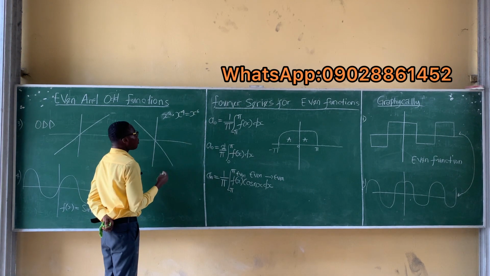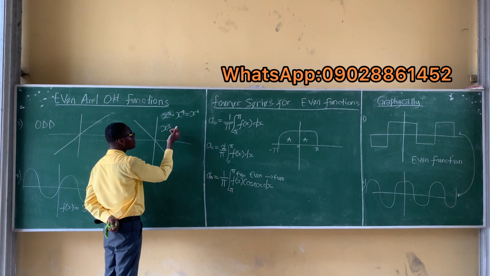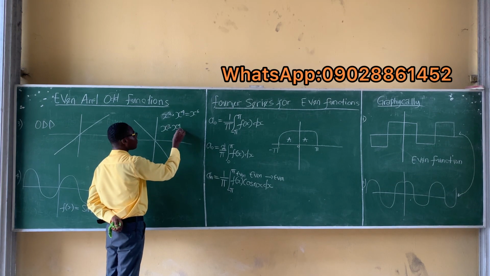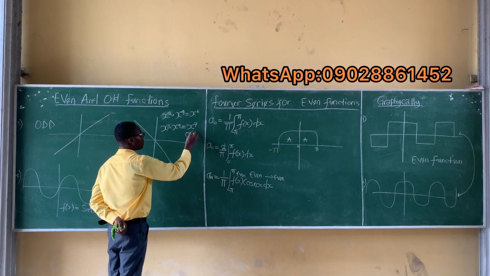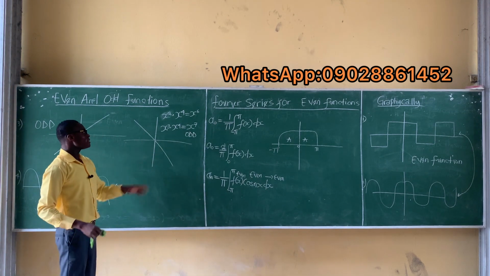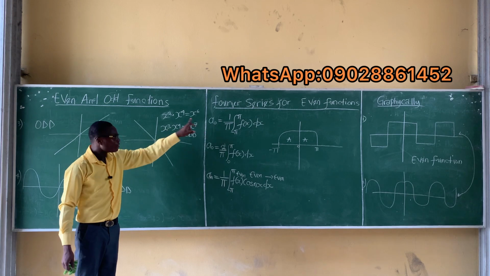So it's still even. What about if we have an odd function and we multiply it with, let's say, even x to the power of 4? You see, we are going to have x to the power of 7, which is odd. So what does this imply? This implies that even times even will give us even.